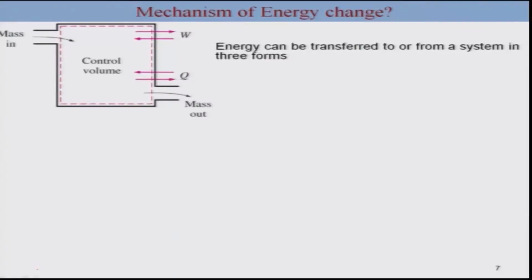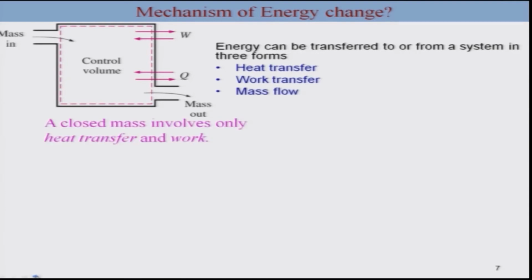That is why we are going to use this control volume, showing this open system, as an example. Energy can be transferred to or from a system in three forms: heat transfer, work transfer, and mass flow. If you close the system, then the only ways are heat transfer and work.